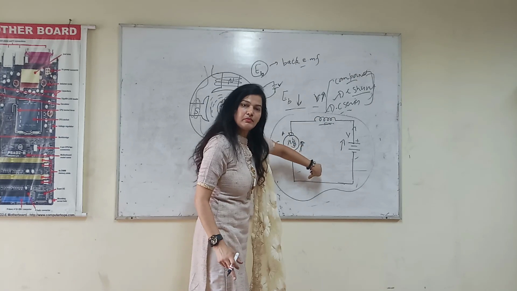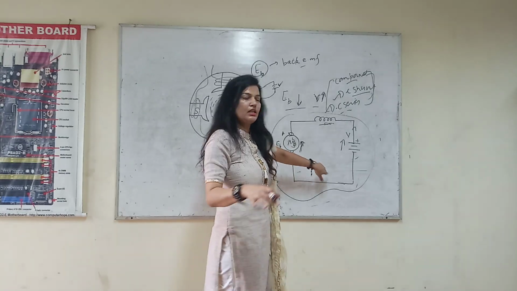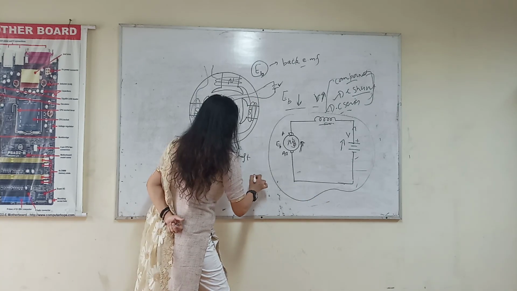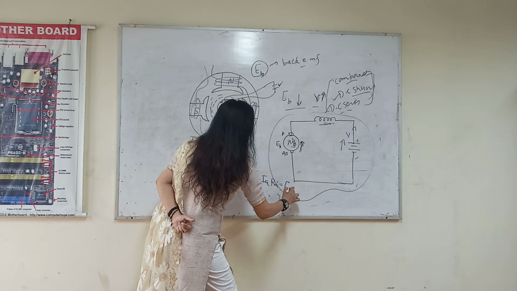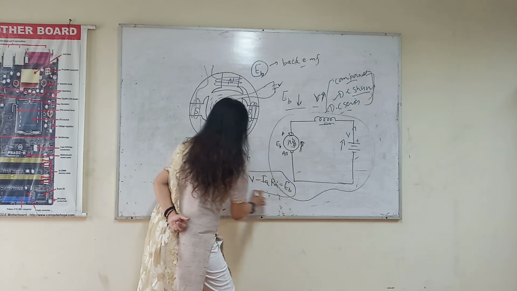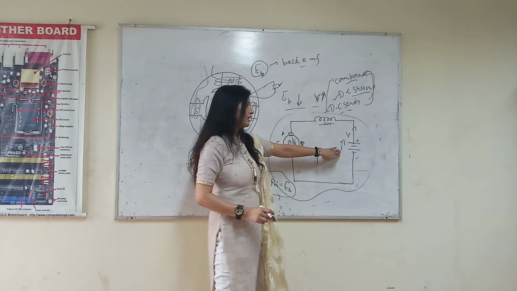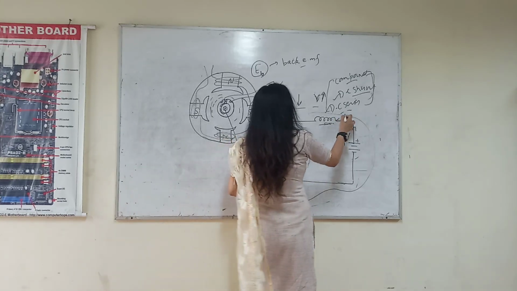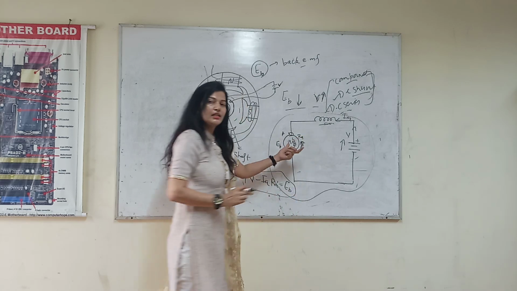According to this diagram, what we discussed in our previous lecture, in which we already discussed the EMF equation of the DC motor. Now you remember, we provide the voltage and then armature current flows through the armature winding, and this is the armature resistance.